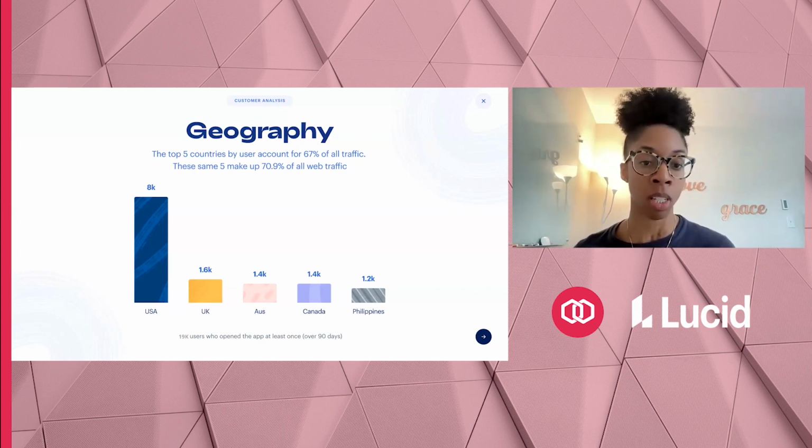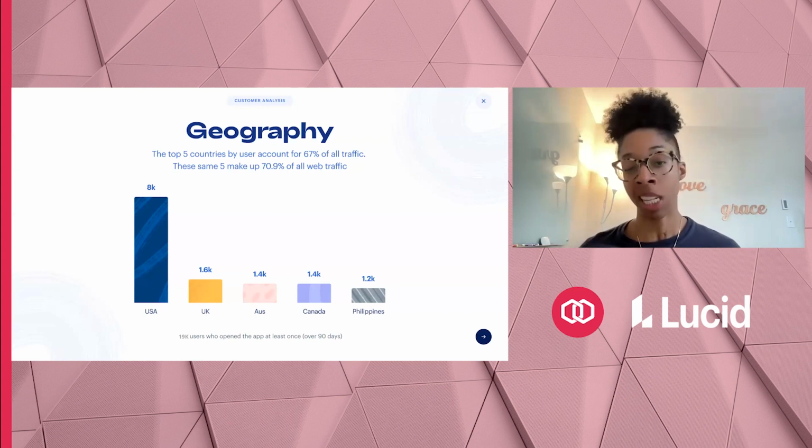Might there be a difference in usage across geographies? And so what we saw is that the vast majority of our users were based in the US, and then the remaining four here made up the top 65 to 70% of all traffic. And so that's interesting. But is it? And so what we did, we also started to compare this with web, because if there was a material difference between what we saw in geography usage on mobile versus web, then this would mean something.